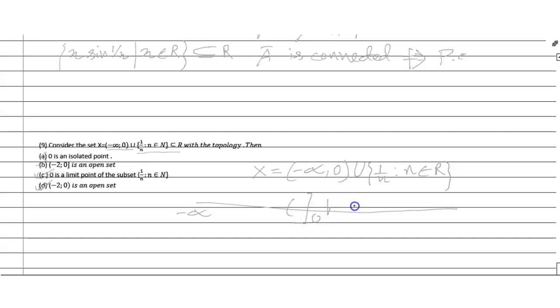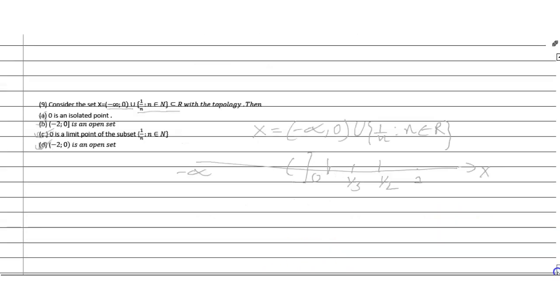And other points are 1 by 3, 1 by 2 and 1, and this is X. So whatever we see, minus 2 comma 0 is an open set of R, an open set of X, and 0 is a limit point of the subset.